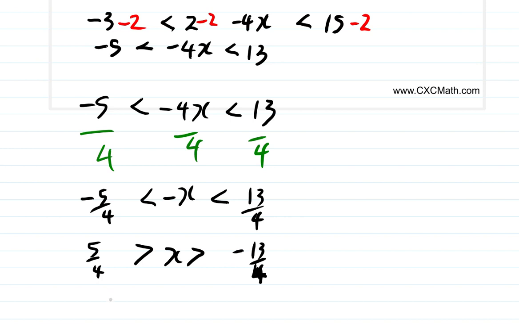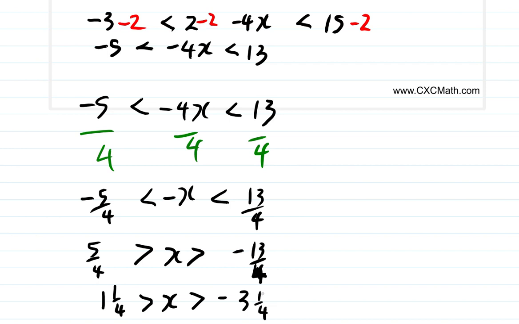Let's put them as some fractions now. Mixed fraction. X is less than 5 over 4, which is 1¼, and x is greater than negative 13 divided by 4, which is 3¼.